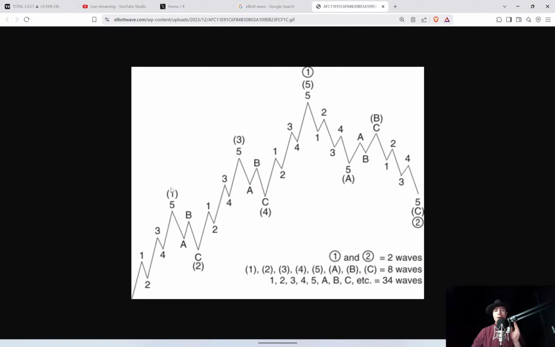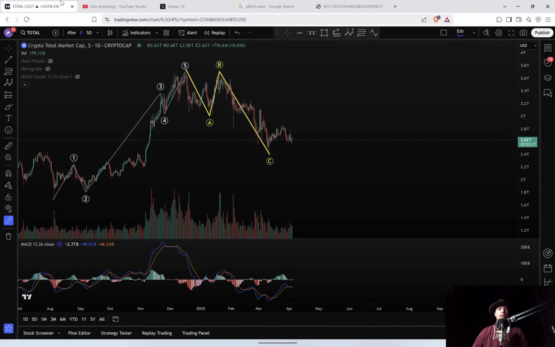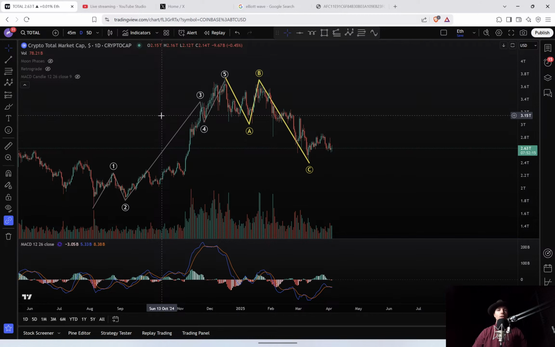So you can see wave 1, wave 2, wave 3, wave 4, wave 5, ABC. But inside of wave 1, wave 2, wave 3, wave 4, and wave 5, you can also see 1, 2, 3, 4, 5, ABC, and again 1, 2, 3, 4, 5, A, B, and C. The reason I'm bringing this up is because once you understand the Elliott wave theory, the way Elliott waves work is it's a repeating fractal.